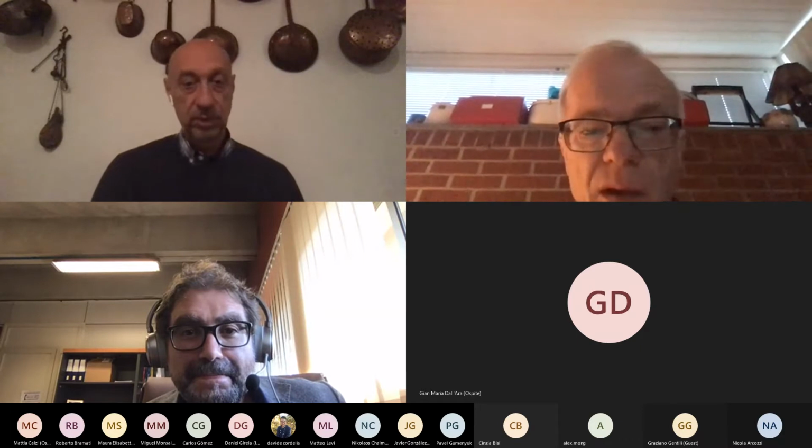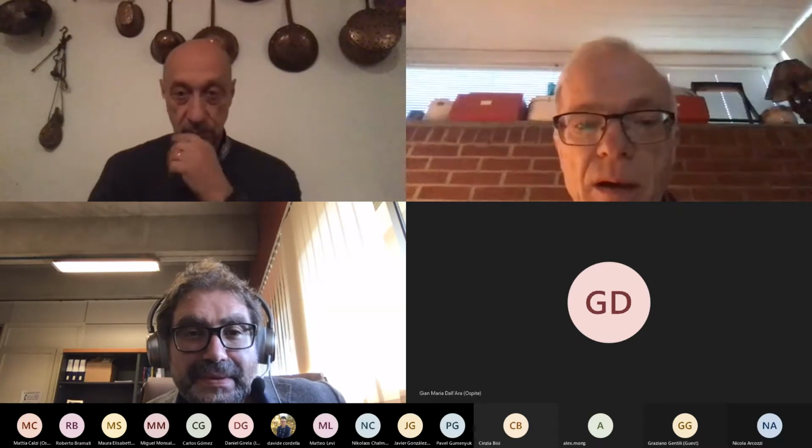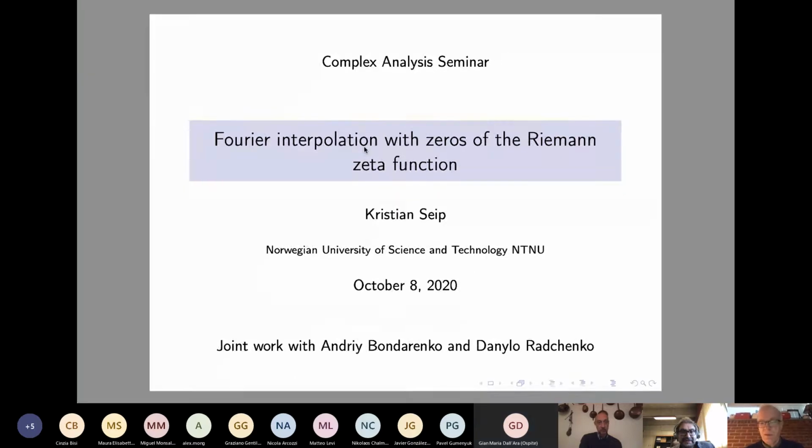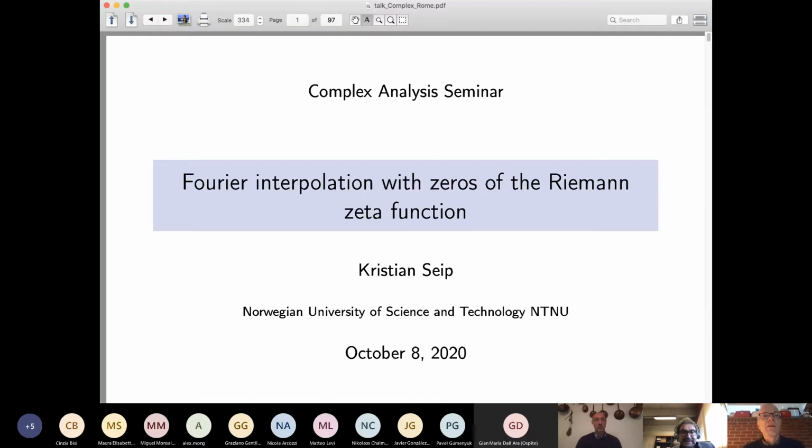Now we can see your arrow moving, but we still see only the first page.